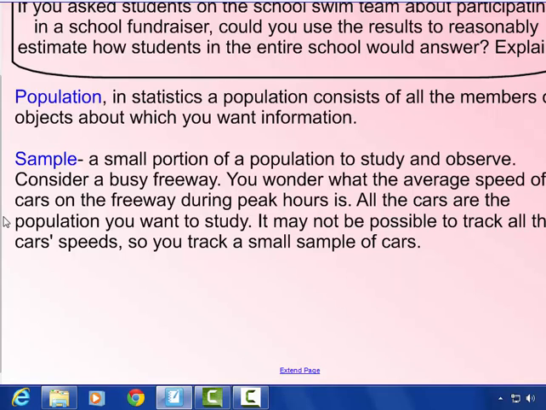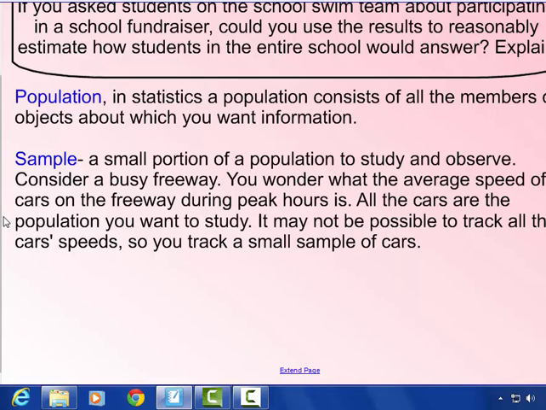It's going to be impossible to figure out, even if you have radar guns and several of them, how fast people are going. So you pick every 5th car or every 10th car or the white cars or the red cars. You pick a sample of them to talk about what is the average speed of any car on a freeway. So the sample has to be representative of the population.